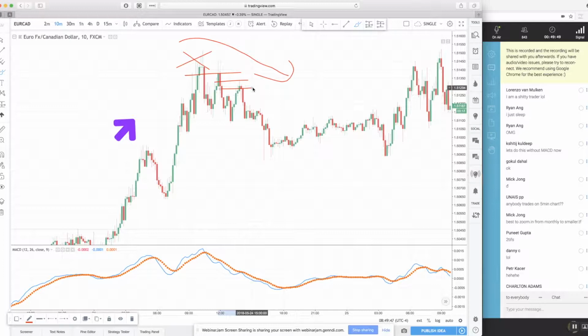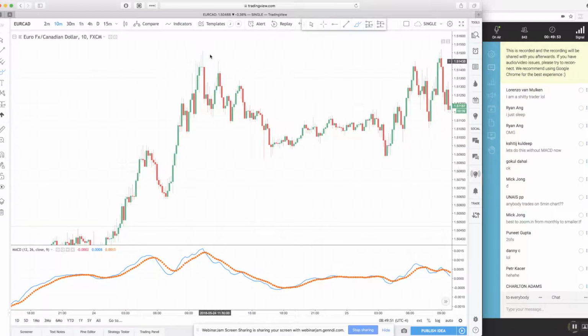That's when a pullback starts coming in. But if the pullback comes in too deep, it also causes panic and people start selling their buying positions, and that creates even deeper pullbacks. So far, so good? Making sense?